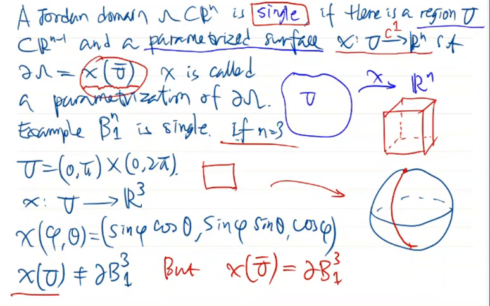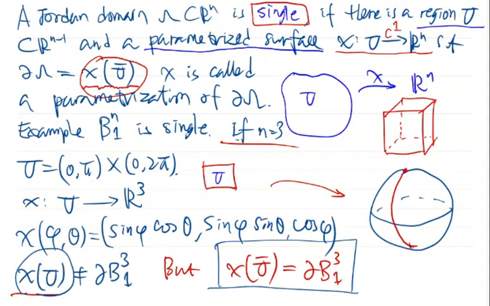Here is U. The boundary is mapped to the missing half circle in the image of X on U. So the image of X on U is not the sphere, but the image of the closure of U is precisely the sphere. So the ball is single in 3 dimensions. In higher dimensions, you can also prove that for every dimension n, all these balls are single.